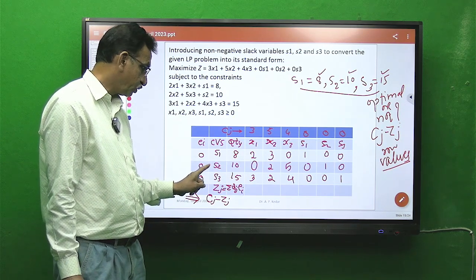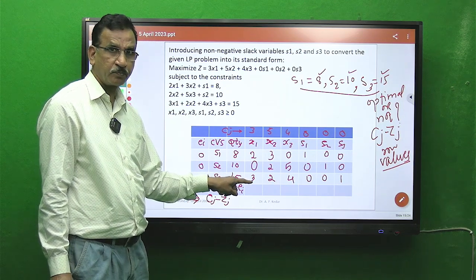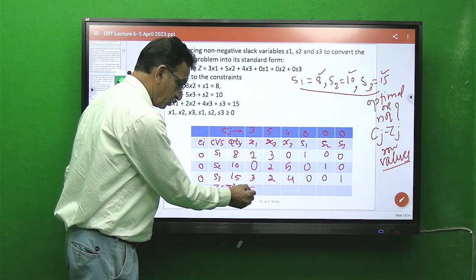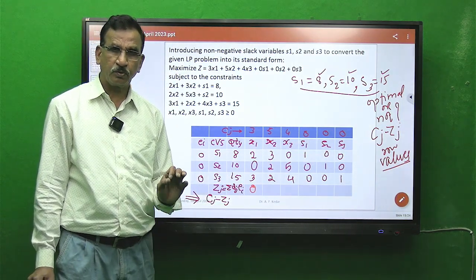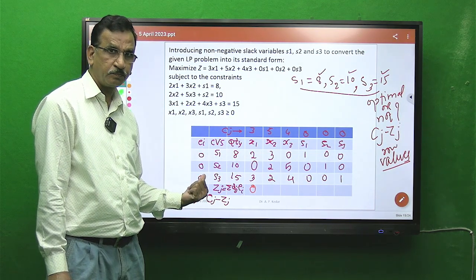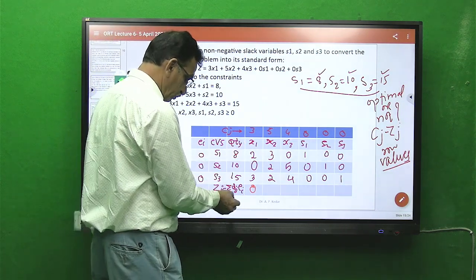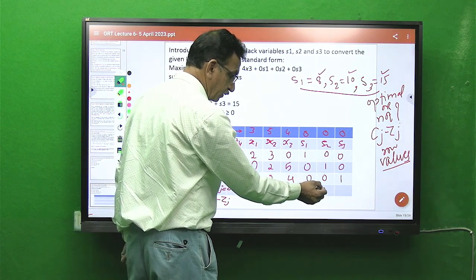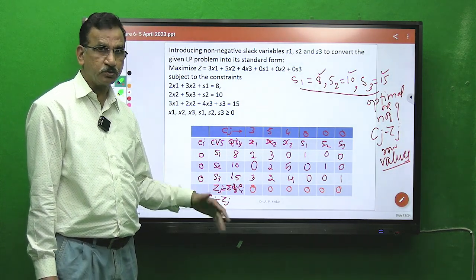Plus 0 into 0, 0, plus 0 into 3, 0. 0 plus 0 plus 0, 0. So overall you will get 0. Now if all values of EI are 0, then all values under Zj will automatically be 0. So our calculation of Zj is over.